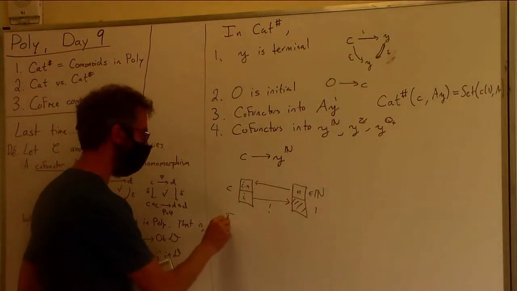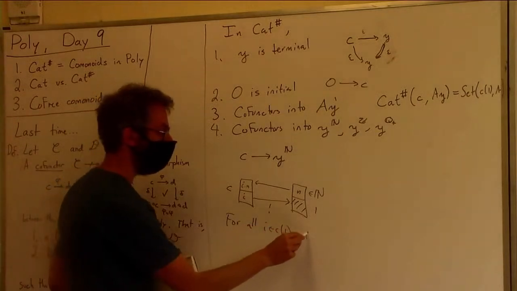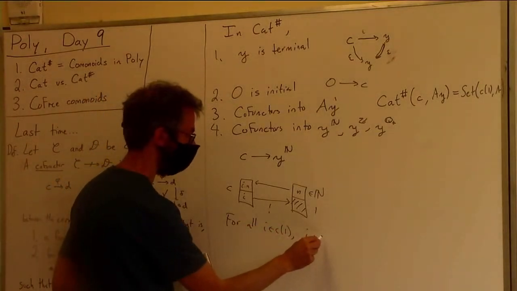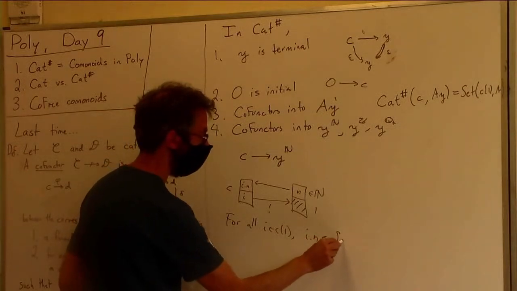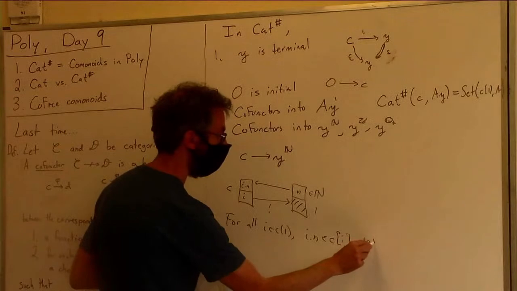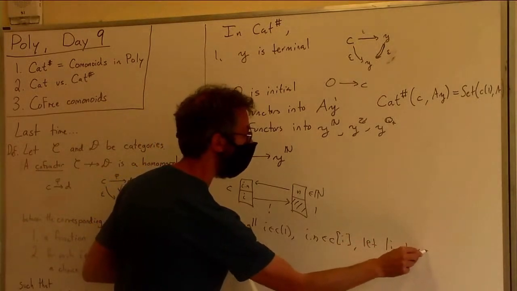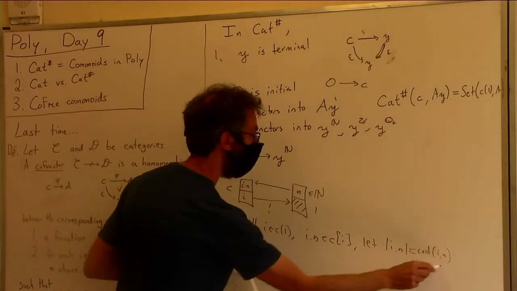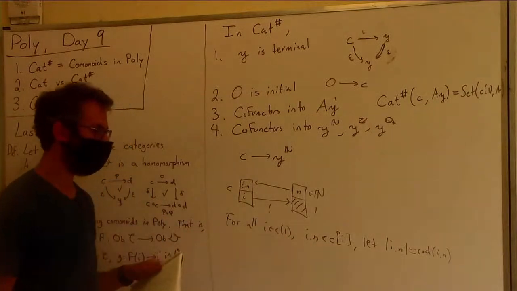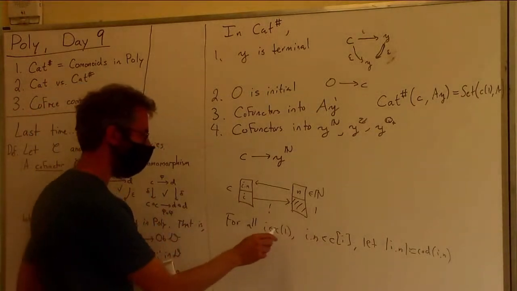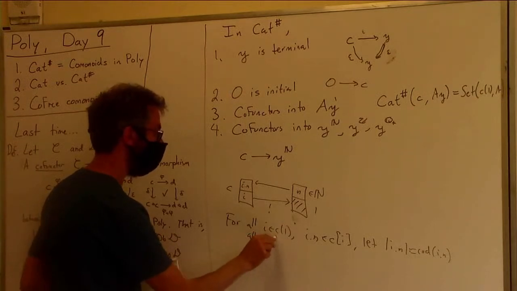So for all objects i in C₁, i·n is a map out of i, and let's write i·n for its codomain. So for every object in C and every natural number, we get this map out of it.